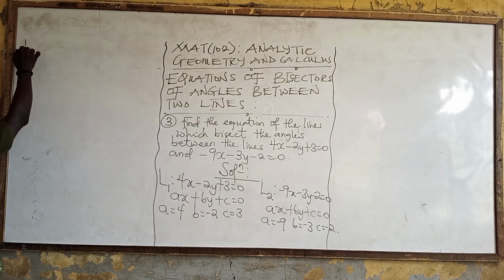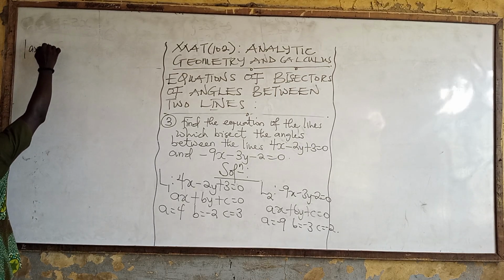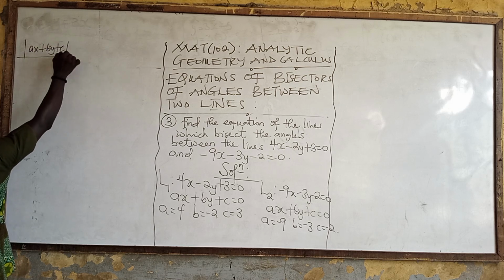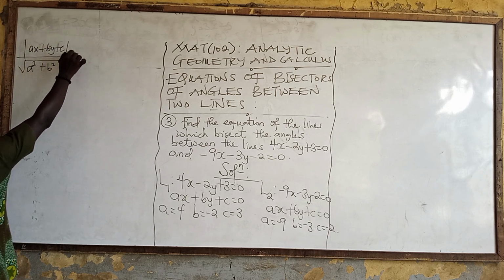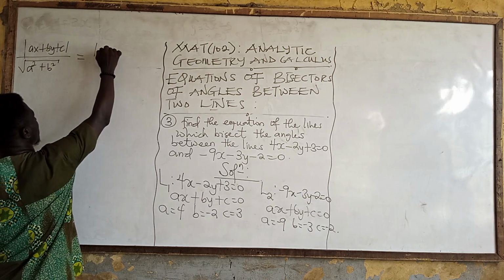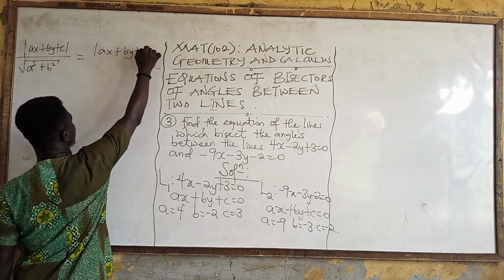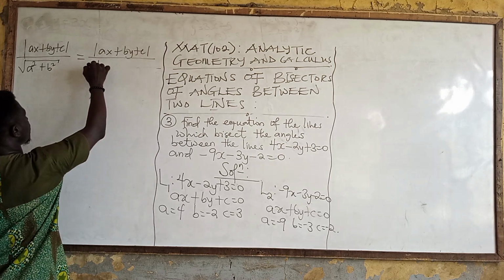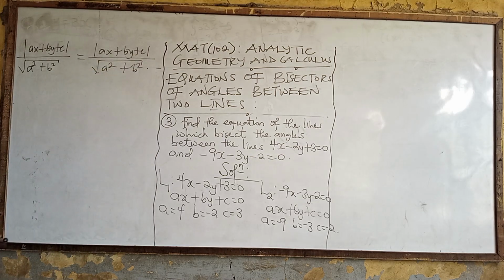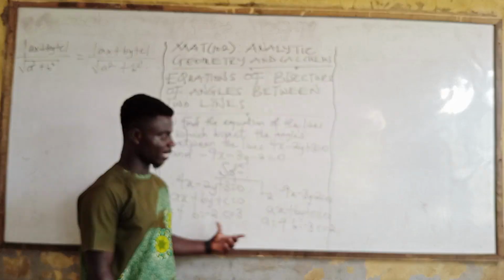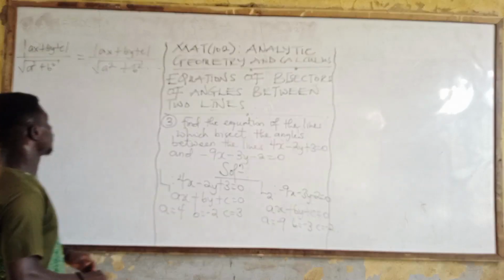So for my L1, we have ax plus by plus c divided by square root of a squared plus b squared. So we are finding the perpendicular distance to this line, L1 and L2.